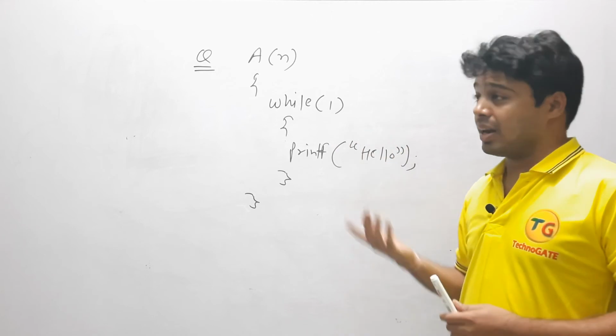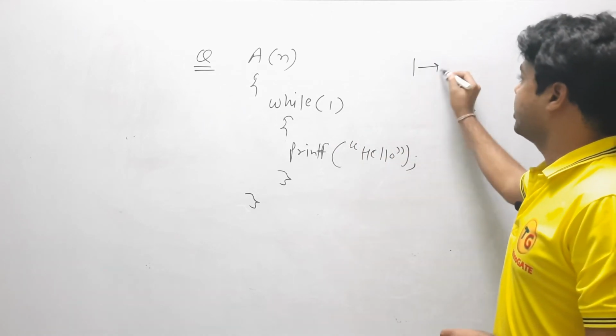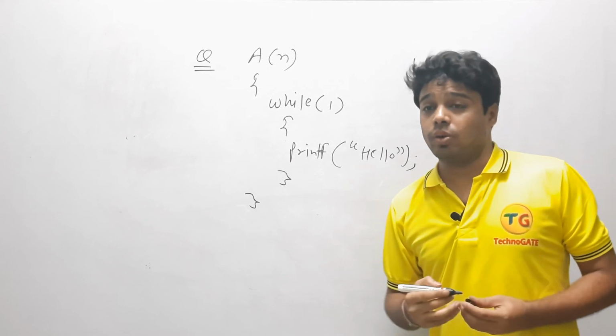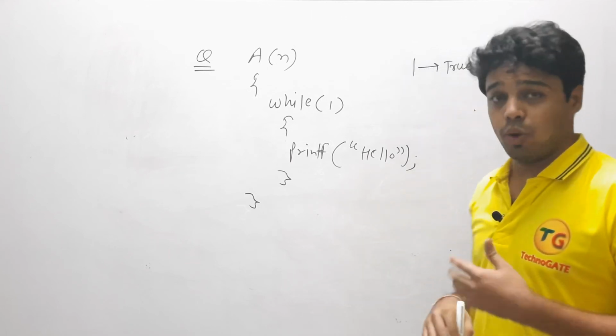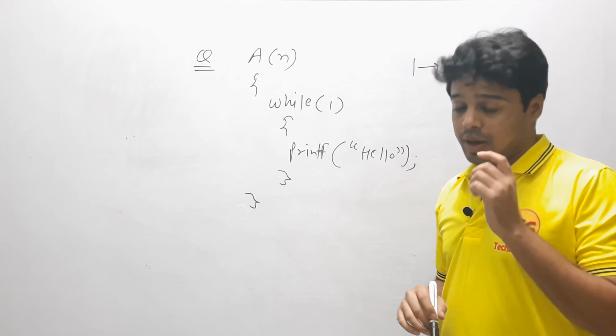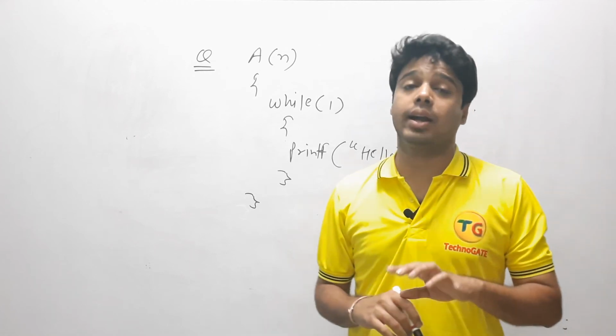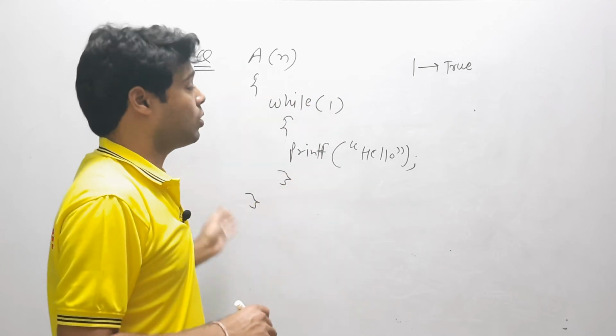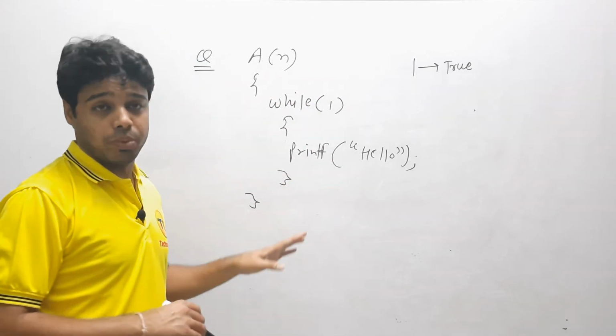So while(1) means true. Any value other than 0, the while loop always gives true. Only in case of 0 it returns false. So every time it is 1, it is true. Okay, so it gives an infinite loop.